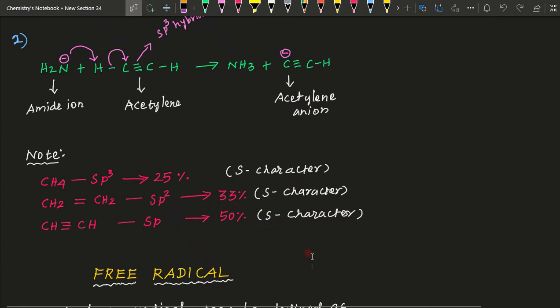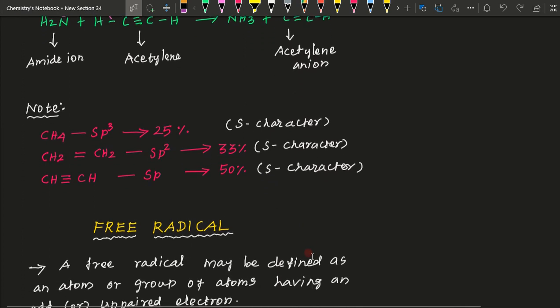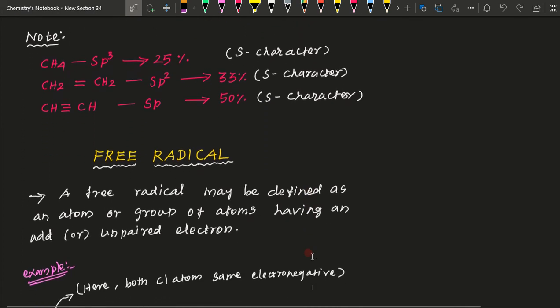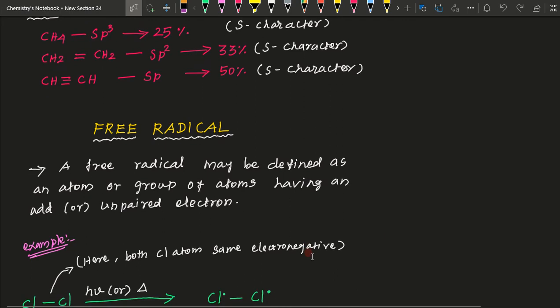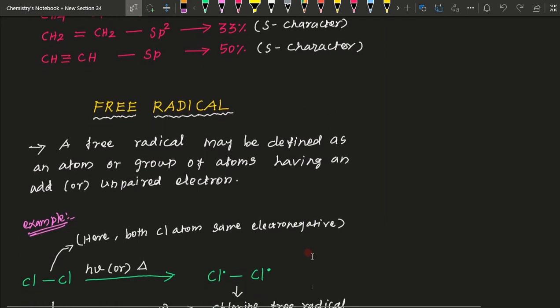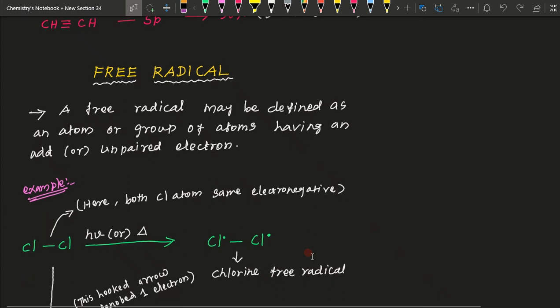Next, move on. Free radical. A free radical may be defined as an atom or group of atoms having an odd or unpaired electron.